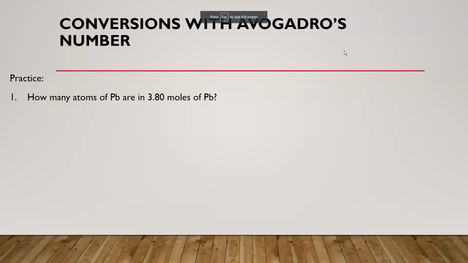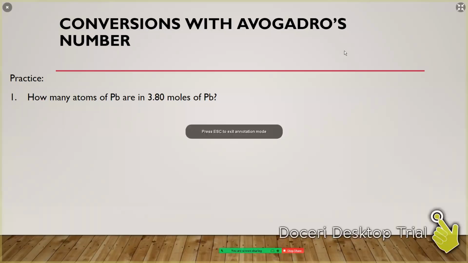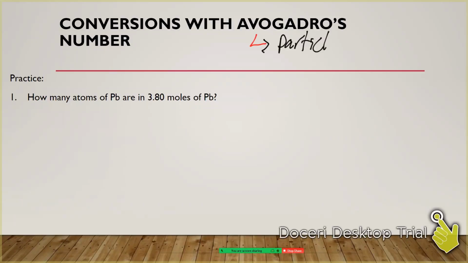All right, so now we're going to look at some conversions with Avogadro's number, and then we'll look at some conversions that use both Avogadro's number and molar mass. So when we're using Avogadro's number as a conversion factor, the hint is we're going to see some kind of particle mentioned in the word problem.